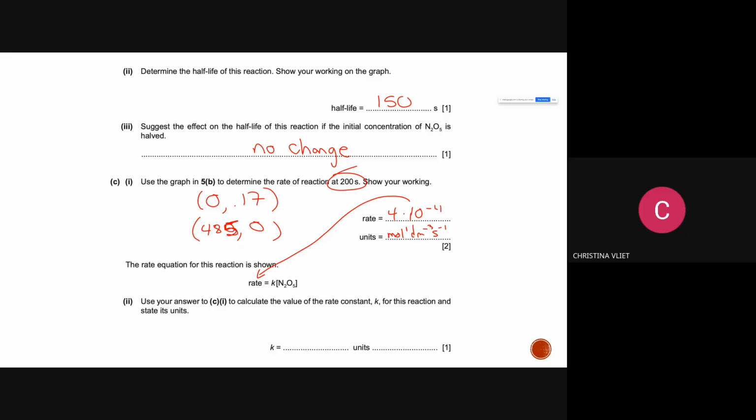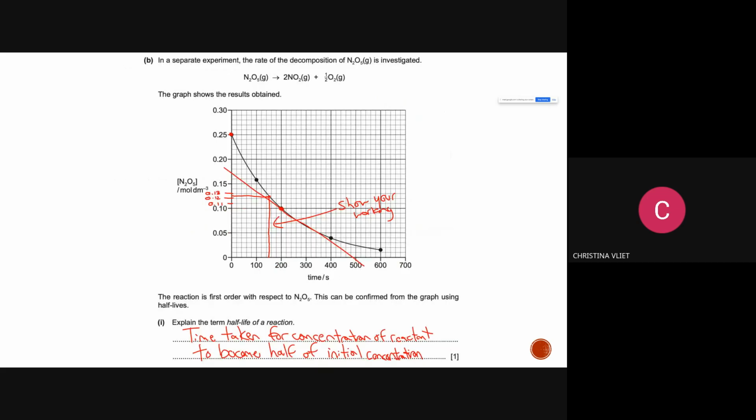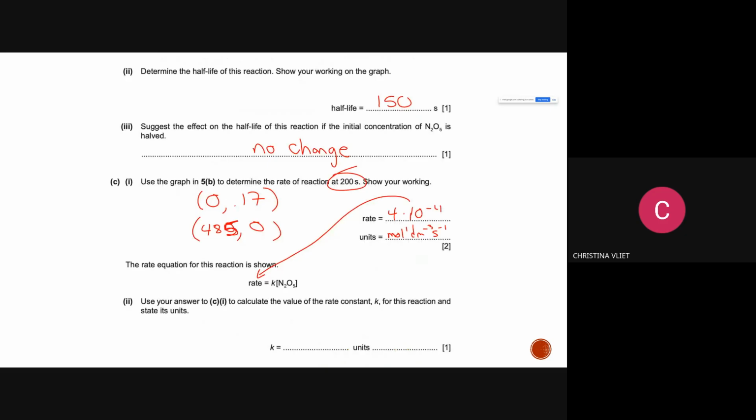What concentration would we use for N2O5 is the question. How do we know what concentration to use? At 200 seconds, the concentration is 0.1. You're absolutely correct, Samuel. So this would be 0.1.